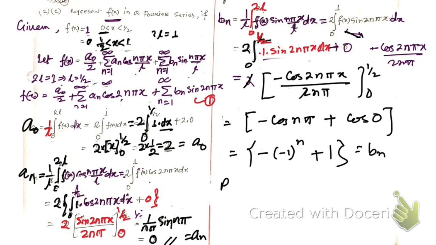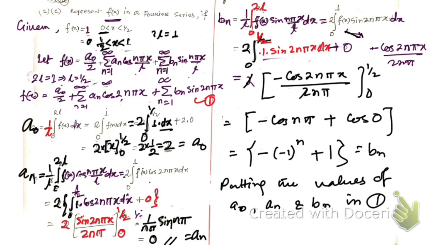Now putting the values of a naught, an, and bn in equation number 1. So what was equation number 1? Let me go to the new slide and write equation number 1 again.